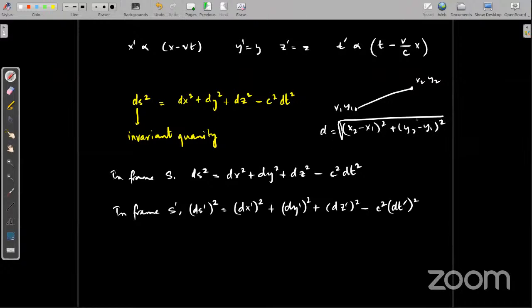What I've written here is a manifestation of that. If I square this, my d squared would be, if I call x2 minus x1 delta x, the change in x, plus delta y squared. And if you had a third dimension, it would have been delta z squared. Pythagoras theorem was just to make it simpler for the ones who don't already know about 3D geometry.